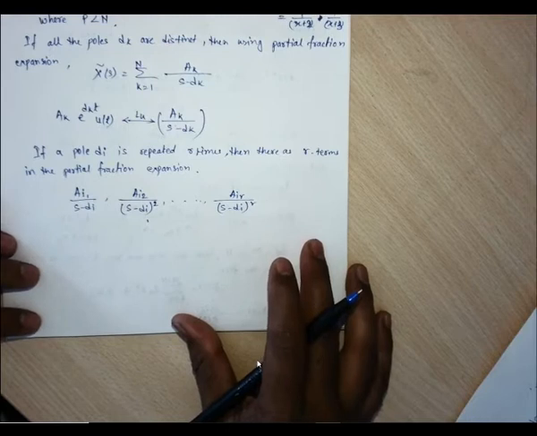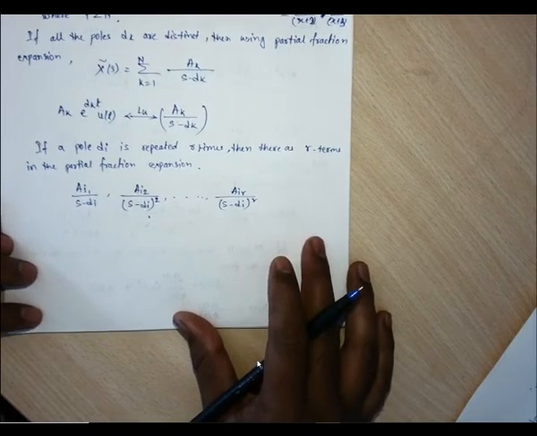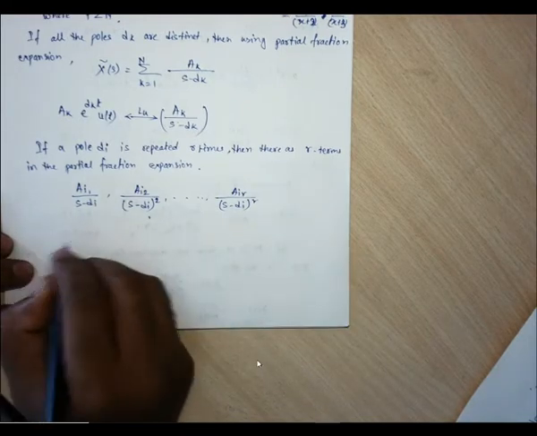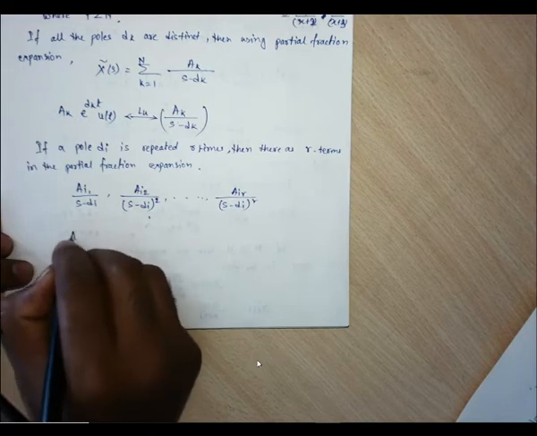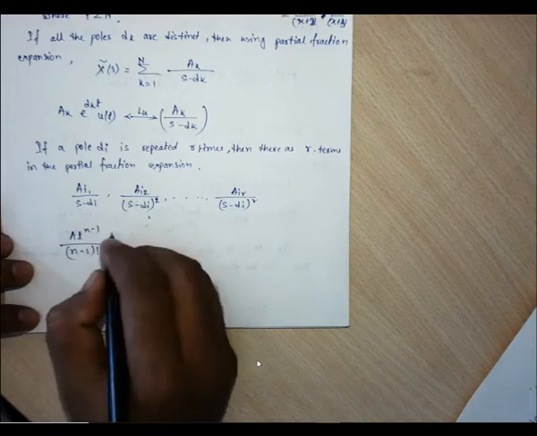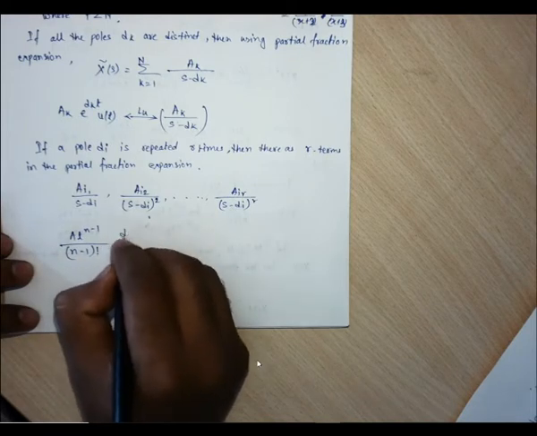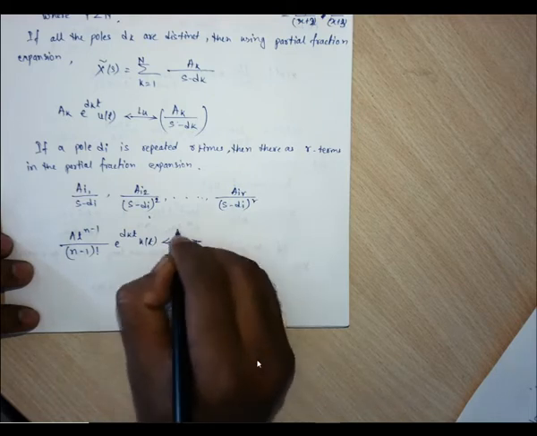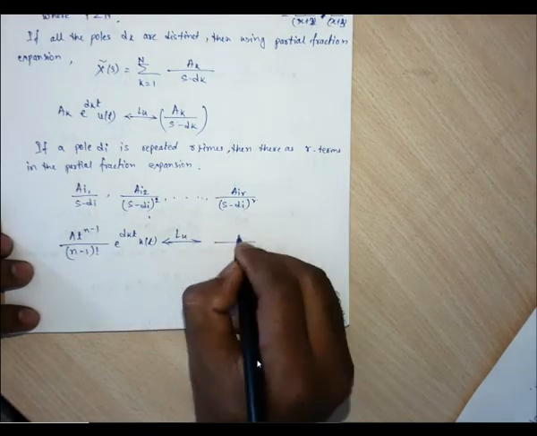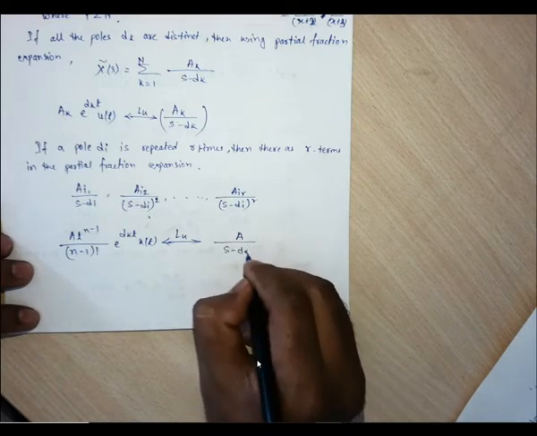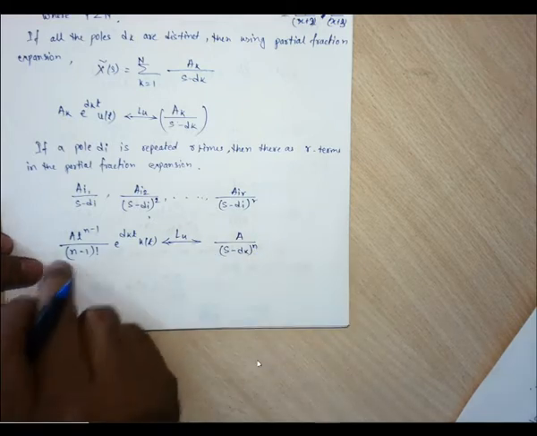So the inverse Laplace transform of each term can be found out. How can we find it? Like this: a t to the power n minus 1 by n minus 1 factorial e to the power dkt u(t), if this is there, then if we take the unilateral Laplace transform, we are supposed to get a by s minus dk whole to the power n. So what is there?